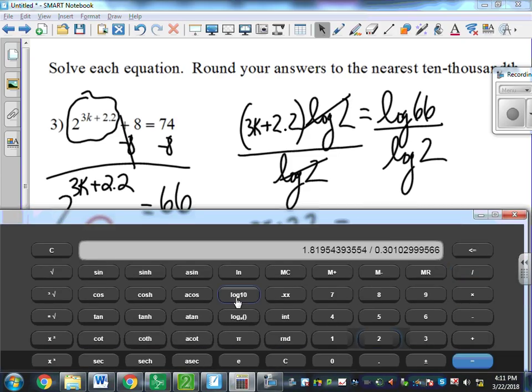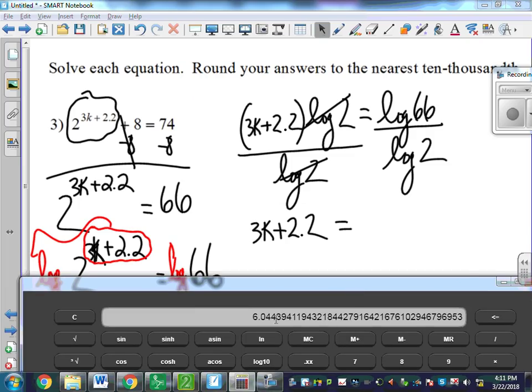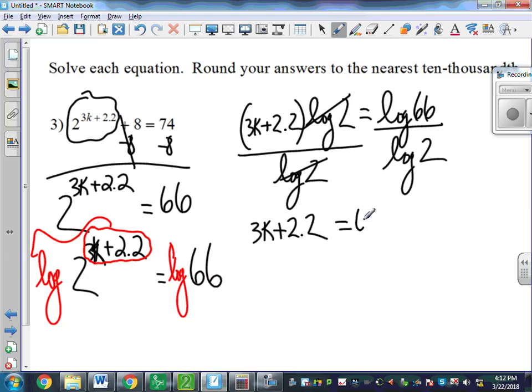Take the log of that. Hit equals. Log 66 divided by log 2 is 6.0444.